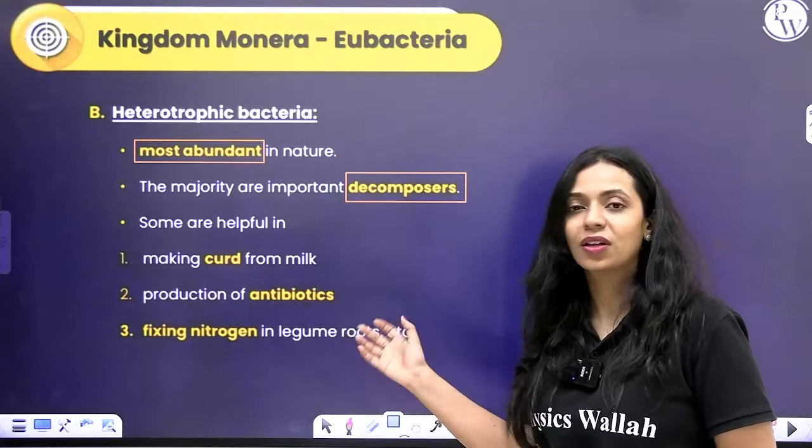Now let's talk about the structure of these diatoms. The cell walls of diatoms are very special. Normally in plant cells you find a cellulosic cell wall, and even over here a cellulosic cell wall is present, but that cellulosic cell wall is embedded with silica. Because of the presence of silica, the cell wall is kind of indestructible.